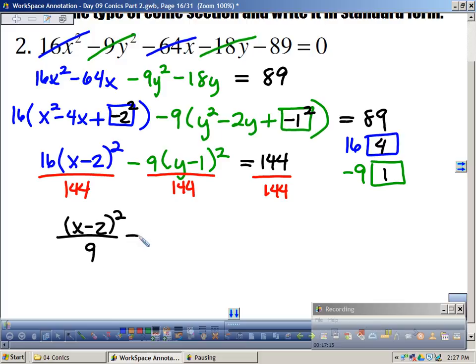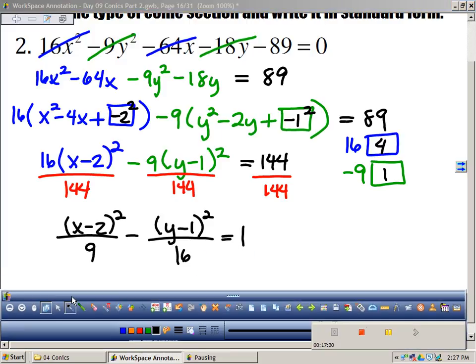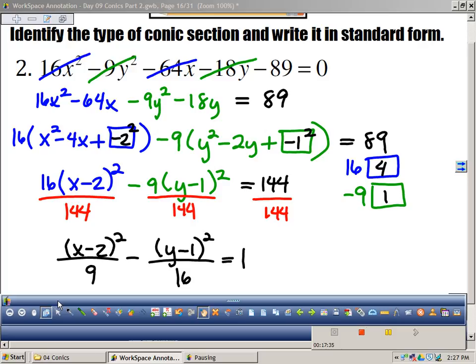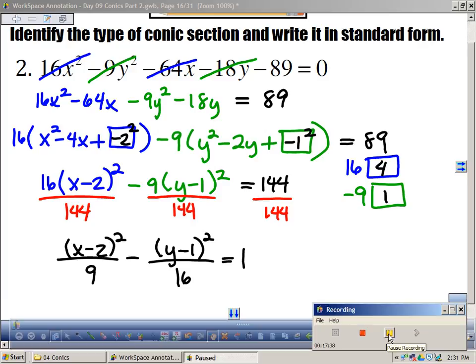I know that because of what I was saying earlier. I was doing the math in my head. 9 and 144. If I cancel a 9 from a 144, I get 16. So this is y minus 1 squared over 16 equals 1. Give you a second to try and figure out how I knew what it was going to be from the very beginning. While you guys copy this one down.